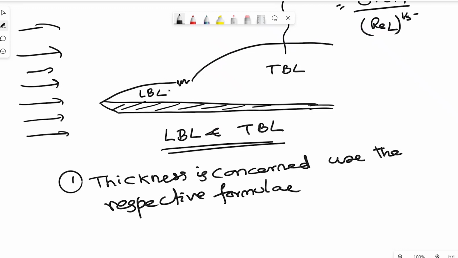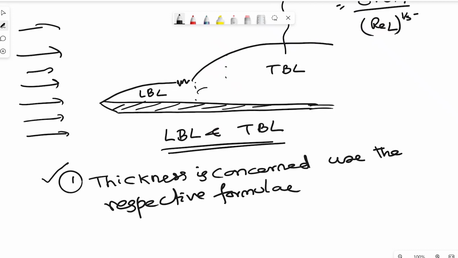As long as the Reynolds number is less than 5 into 10 to the power of 5, you can treat that boundary layer as laminar boundary layer, and then you can calculate the thickness using that. If the Reynolds number is greater than 5 into 10 to the power of 5, use the turbulent boundary layer and find out.